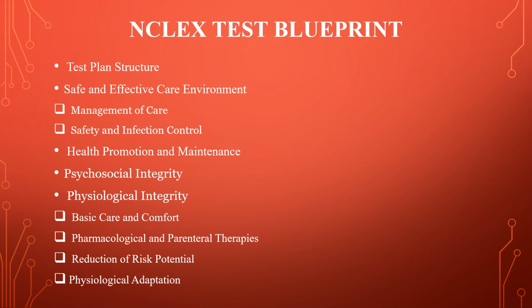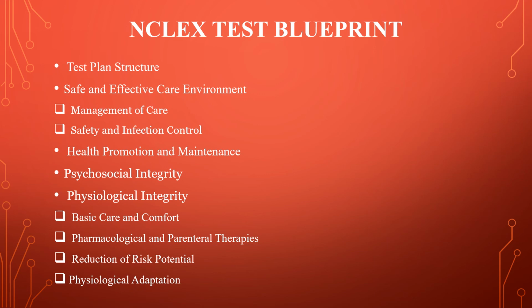The next major category is health promotion and maintenance. The next one is psychosocial integrity. And the 4th and final major category is physiological integrity. This major category lists 4 subcategories.